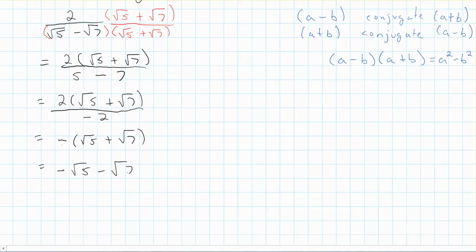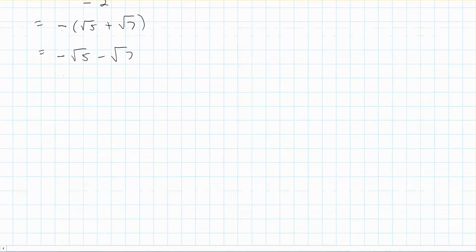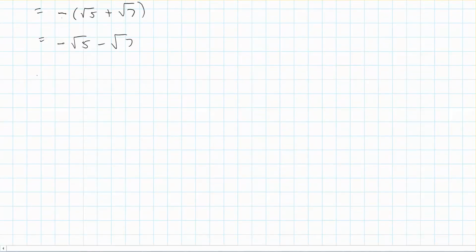Okay, there's one other quick thing here that we need to talk about in this review of radicals, and this is radicals and fractional exponents.